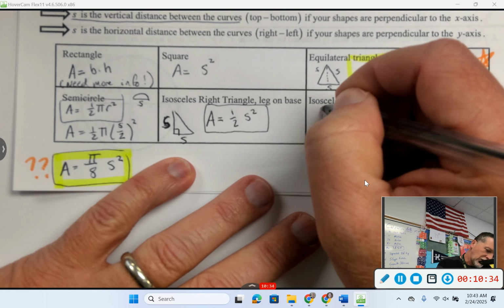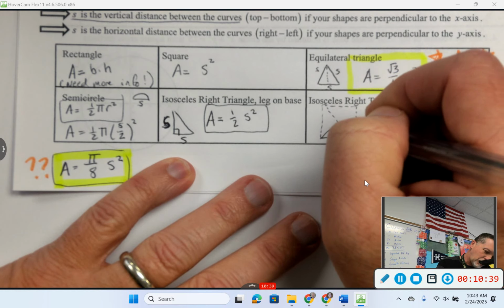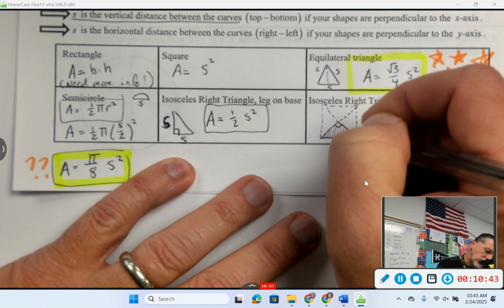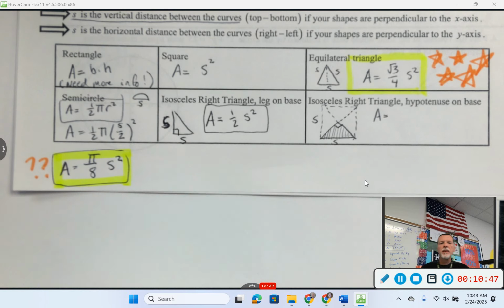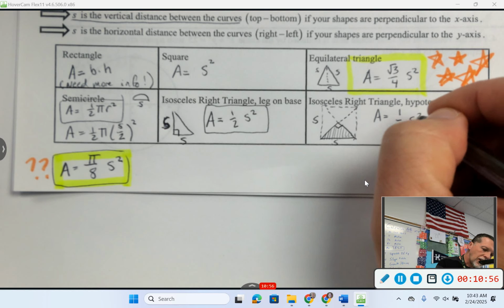Here's how I usually figure it out, because I don't memorize this stuff. I could picture a full square. How much of my square is shaded? 1/4. So 1/4 s squared.